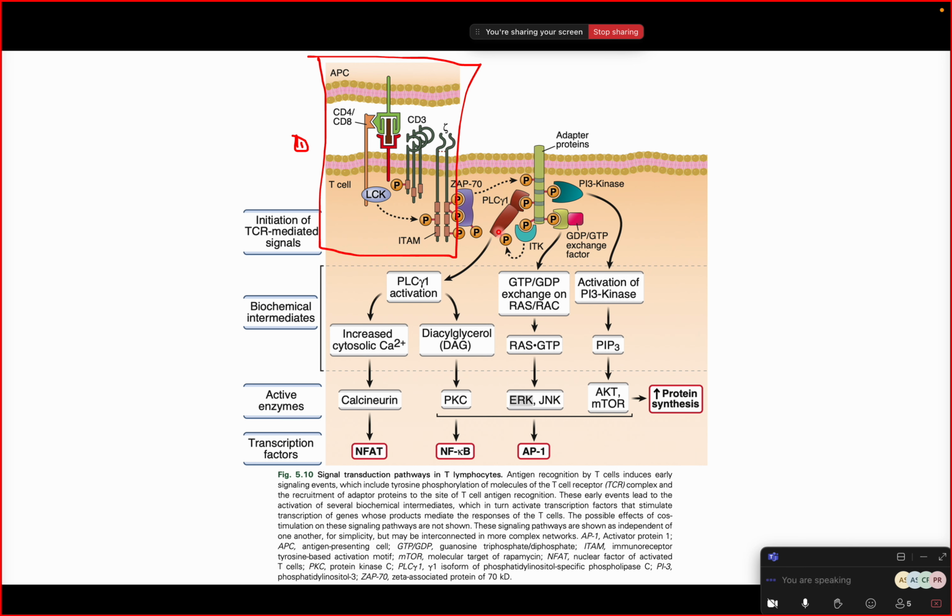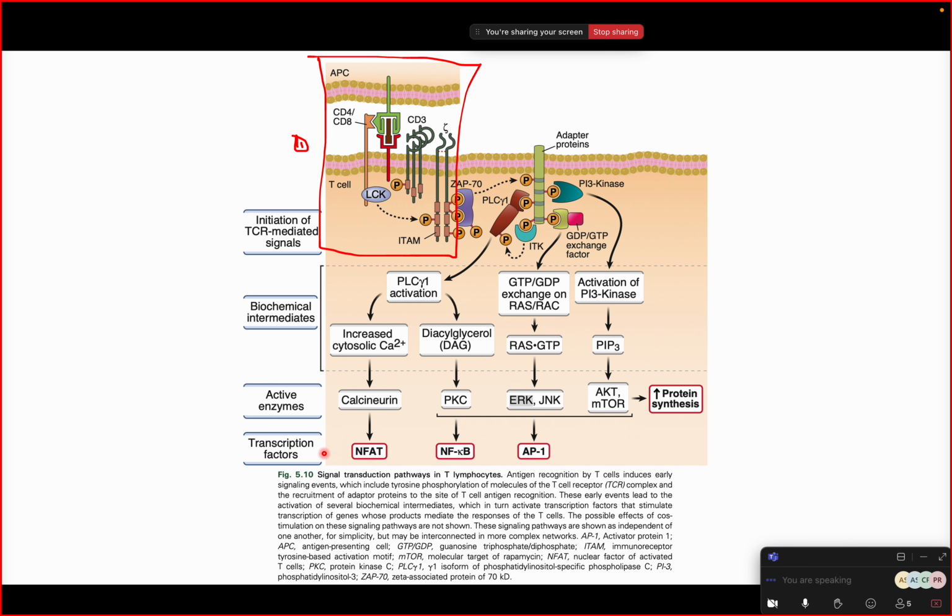Now once this PLC gamma is attached to the adapter protein, what will it do? It will increase the cytosolic calcium. It will release DAG or diacylglycerol. Once the cytosolic calcium is increased, this will lead to the activation of another enzyme which was not active, but once the calcium levels are higher, this calcineurin enzyme is activated, which basically activates the transcription factor NFAT.